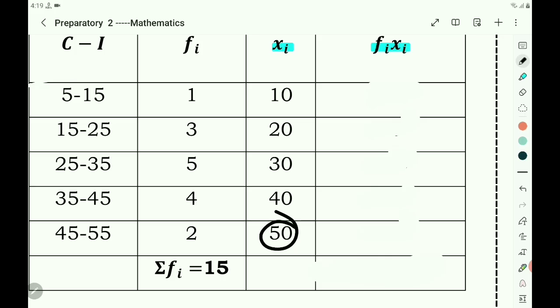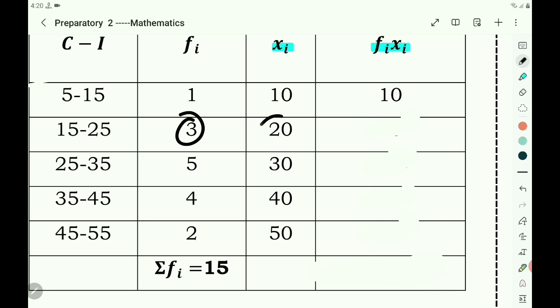You can find the xi of each, or after getting the first, add the size of the class to the first one to get the second one, add 10 to the second one to get the third one, and so on. That also you can do. Now fi xi is the product of fi and xi. 1 into 10 is 10.